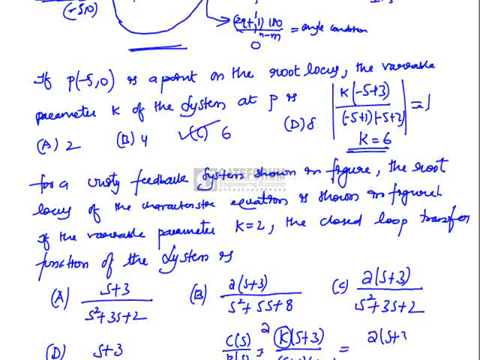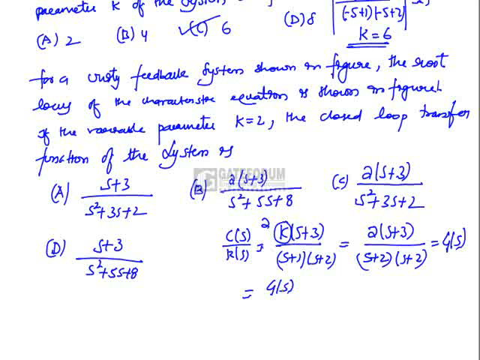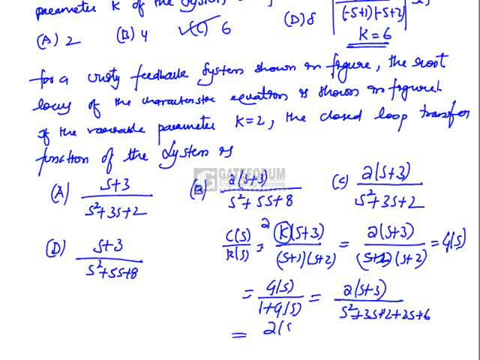That this is 2 times (S plus 3) by (S plus 1) into (S plus 2), which is equal to G of S. Now what is the closed loop transfer function? For a unity feedback system, G of S by 1 plus G of S. So this is 2 times (S plus 3) by (S square plus 3S plus 2 plus 2S plus 6), which is equal to 2 times (S plus 3) by (S square plus 5S plus 8). So option B is correct.